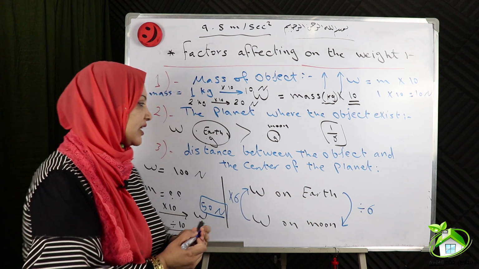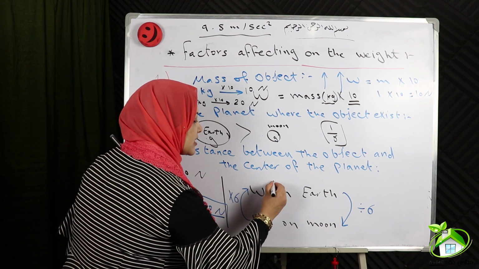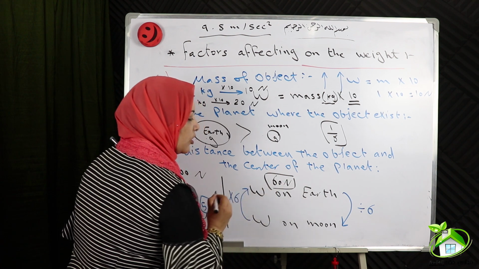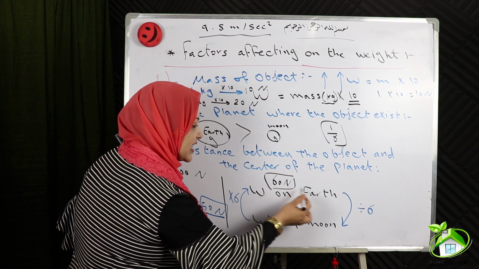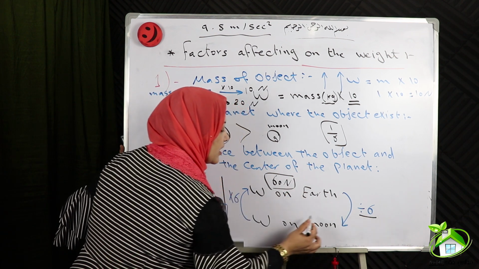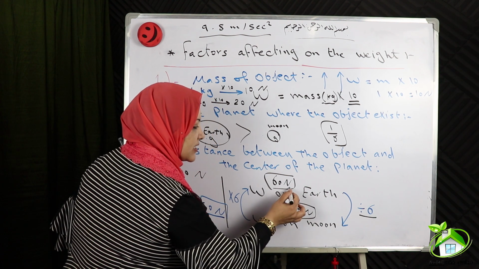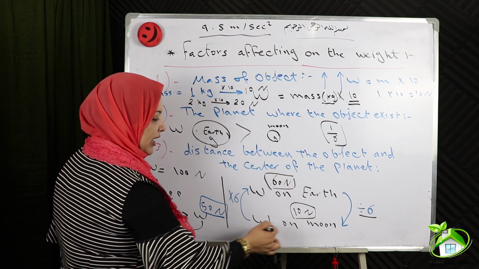تعال نعملها بالنمبرز كده. مثال: if the weight on earth equal 60 نيوتن. طب عشان اجيب weight on moon يبقى 60 divided by 6 equal 10 نيوتن. طب تعالى نعملها العكس.